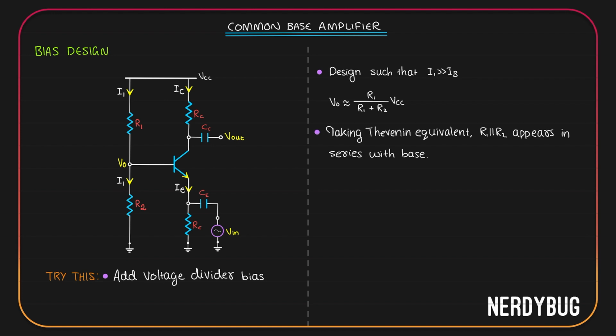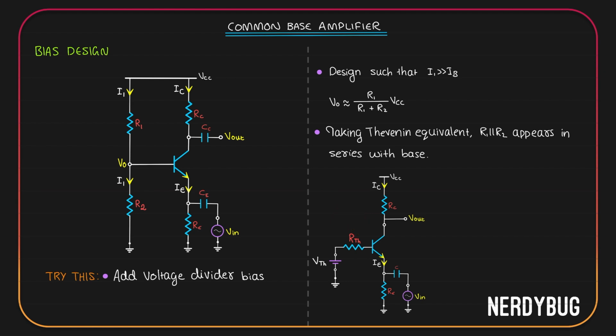In that case, we can redraw the circuit like this. The voltage divider circuit is replaced by a VTH, the Thevenin voltage, and RTH, the Thevenin resistance. RTH will be R1 parallel to R2. So basically, adding a voltage divider bias gives us an equivalent resistance at the base.